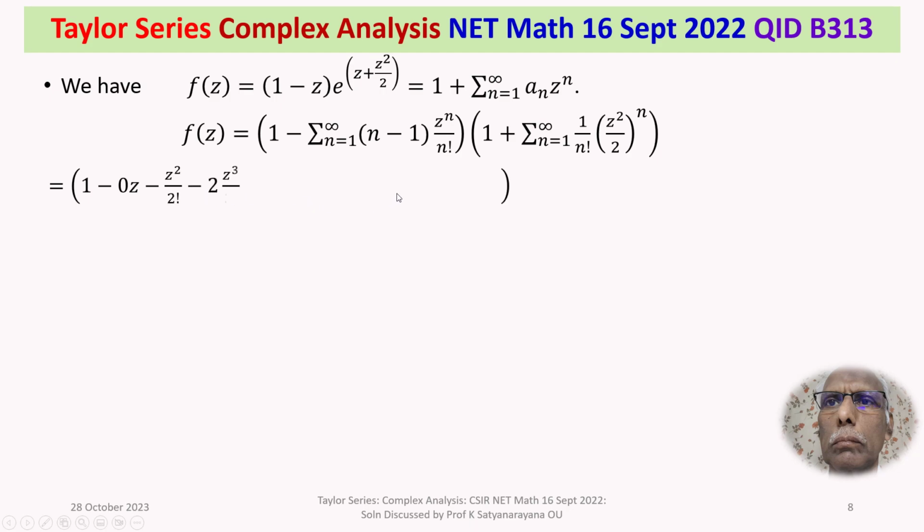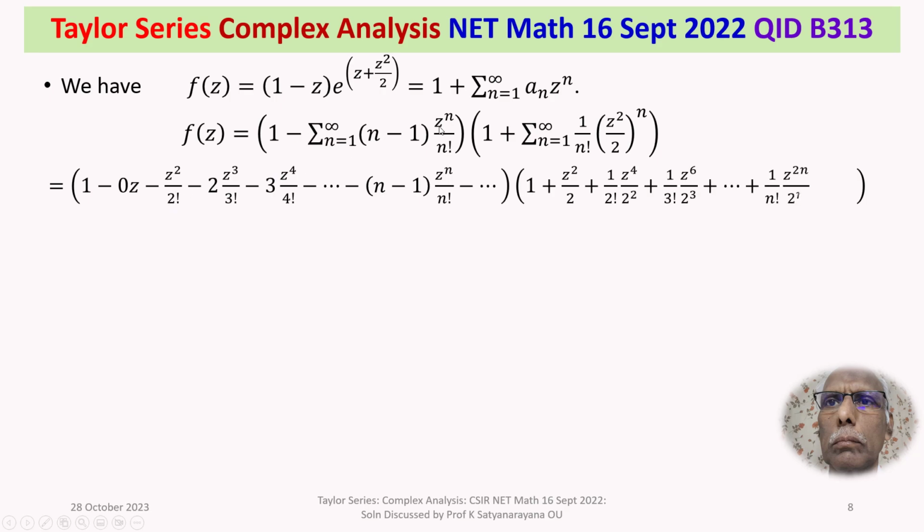We have expanded. So that is 1 minus 0z minus z square by 2 for n equals 2. For 3, minus 2z cube by 3 factorial. For 4, minus (4 minus 1) 3 into z to the power of 4 by 4 factorial, minus, the nth term is (n minus 1) into z to the power of n by n factorial, minus and so forth.